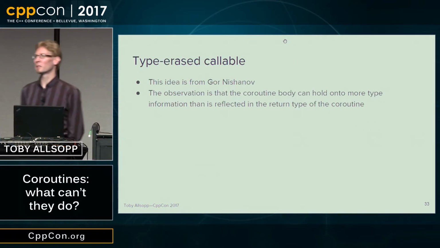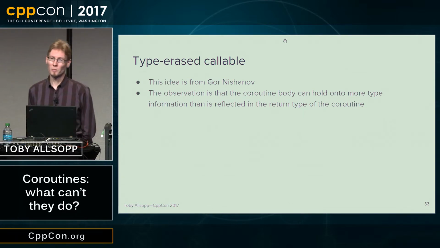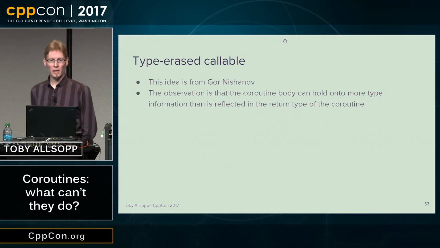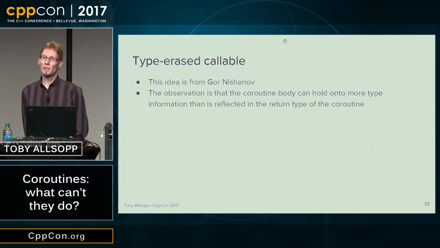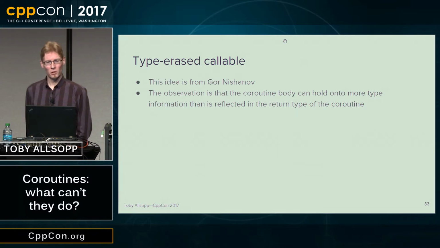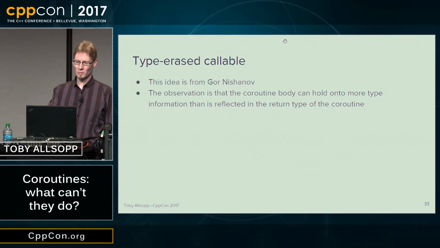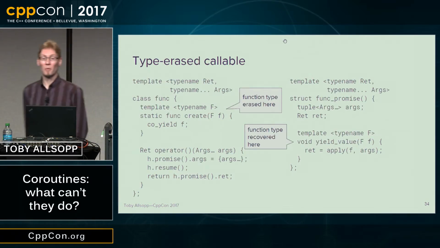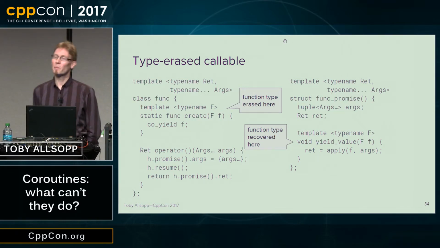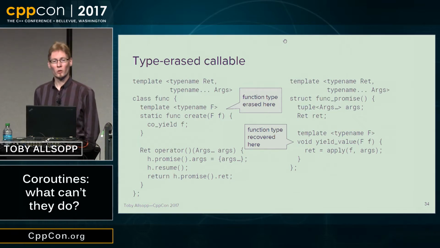So the other potentially interesting idea, something that I stole from Gor, is that you can get a kind of type erasure out of the coroutine machinery. The thing is that the body of a coroutine can have more type information than the return type of the coroutine.